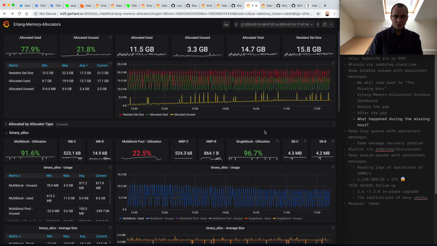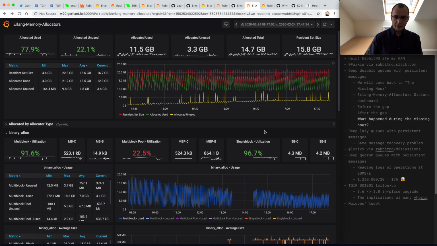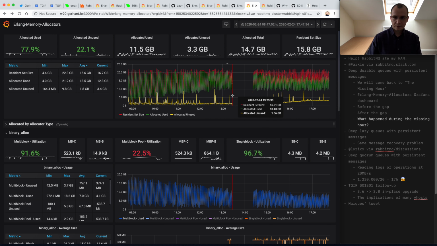Okay, let's talk about the gap. When I say the gap, I mean the time in between 1:25 and 2:21 roughly. So we have roughly an hour of no metrics. Why is this?